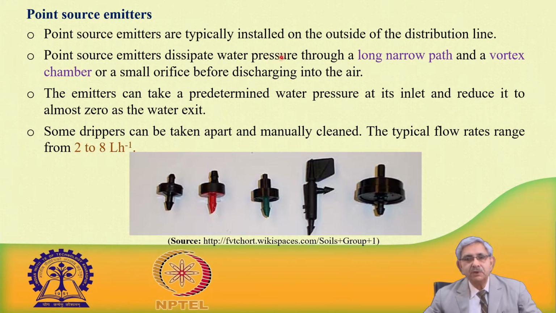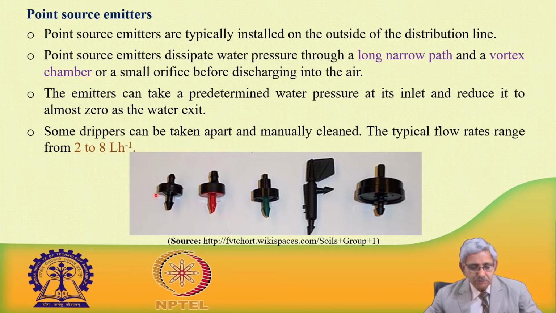Outside of the distribution line means they are fitted on the lateral, installed at the time of installing the lateral. Point source drippers dissipate water pressure through a long narrow path and vortex chamber or a small orifice before discharging into the air.